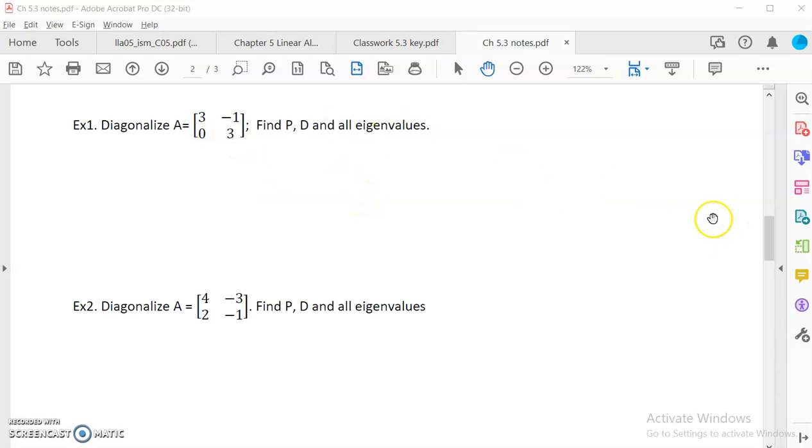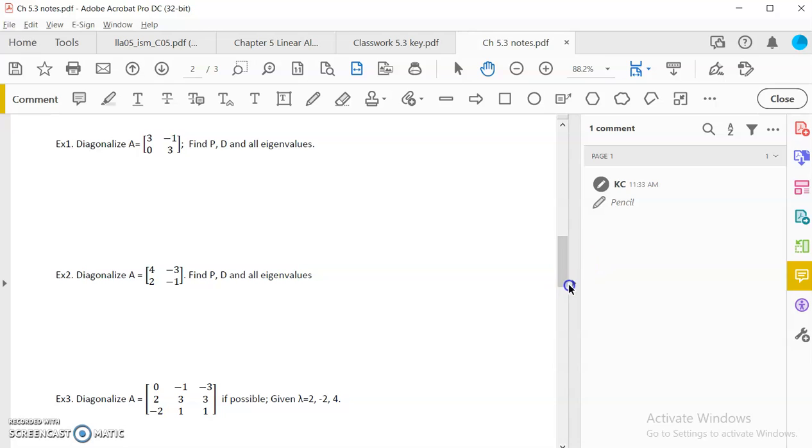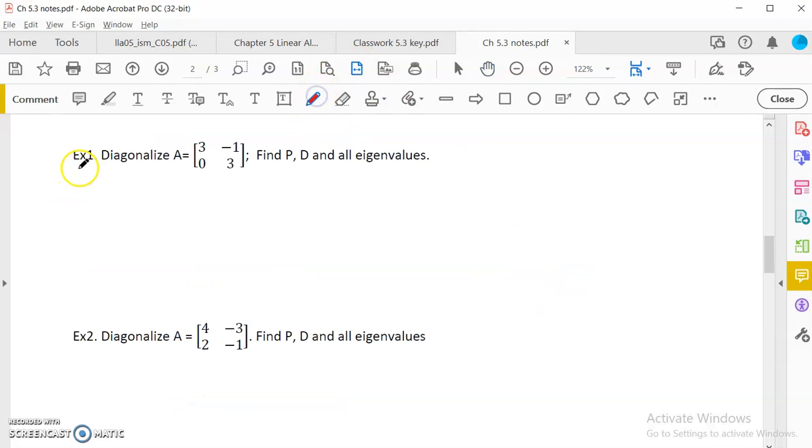I did not give the eigenvalue, so I have to find the eigenvalue first. To find the eigenvalue, we have to solve a characteristic equation, which is the determinant of 3 minus lambda, -1, 0, 3 minus lambda equal to 0.